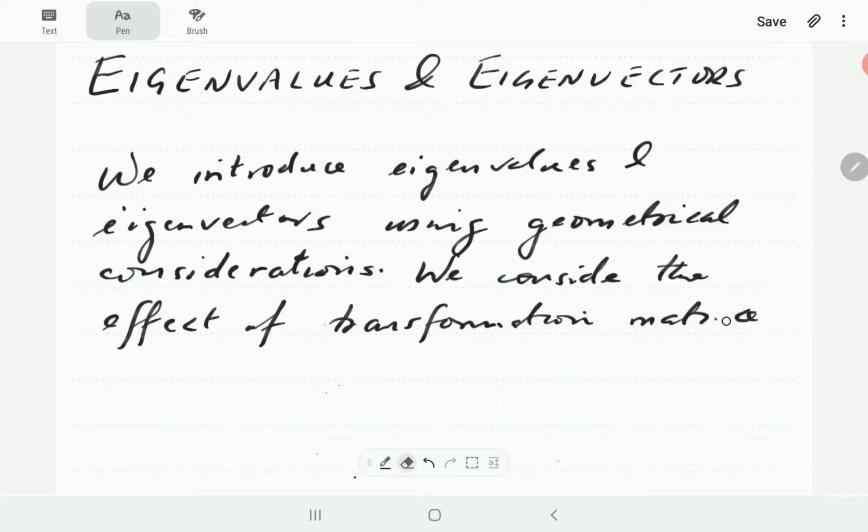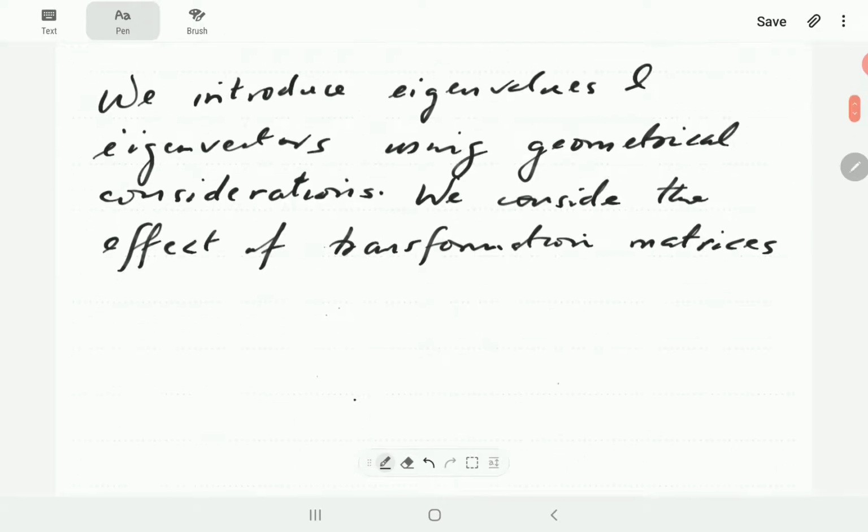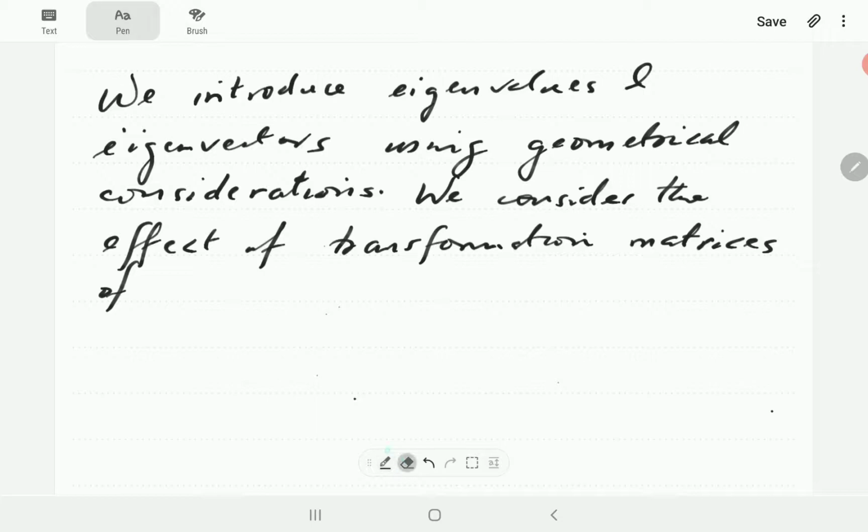Here we're just going to confine ourselves to two-dimensional vectors. So consider the effect of transformation matrices on 2D vectors.